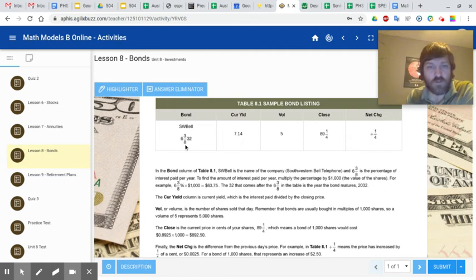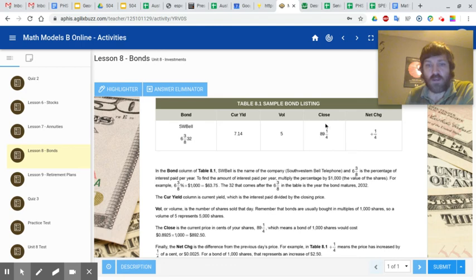So we have our interest, we have our year, we have the current yield, which we're going to come back to. We have the volume, which is the number of shares that were sold that day in thousands. So this would be 5,000. You have the close, which is the price, which basically means it's the cost of 1,000 shares.